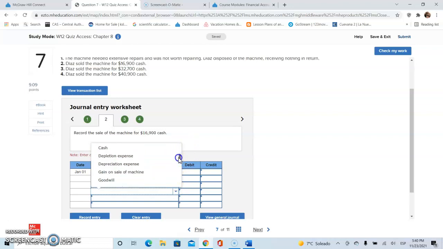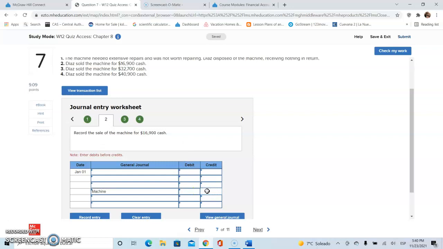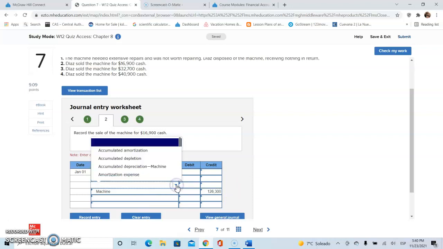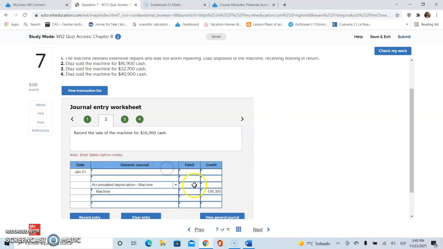In this case, it's going to be machine, and the original cost is $126,300. Okay, and then we debit the accumulated depreciation, which is $93,600.